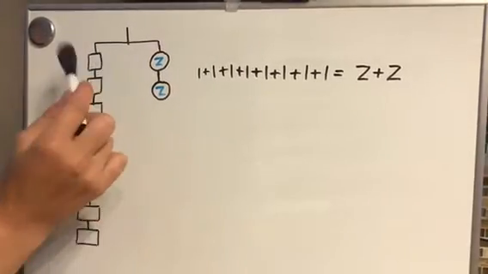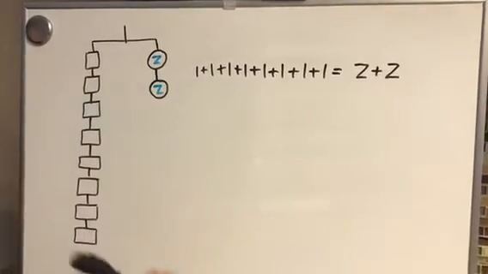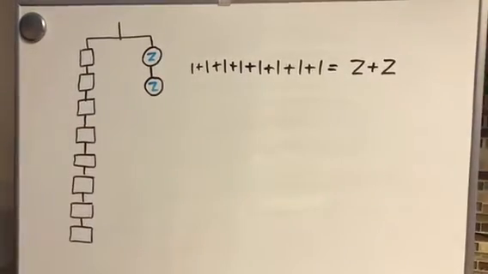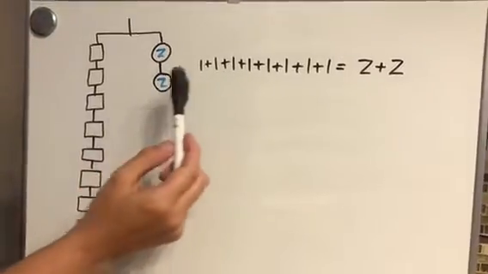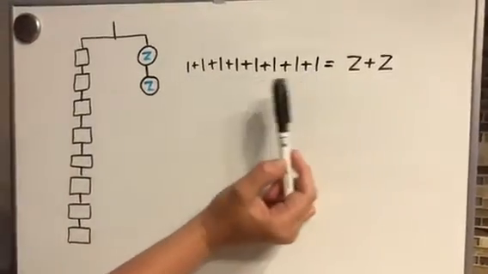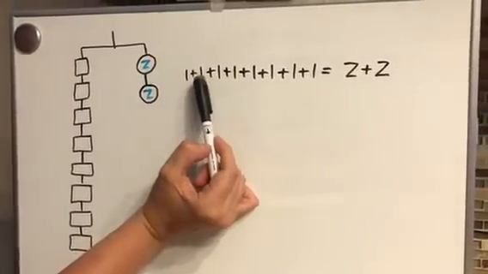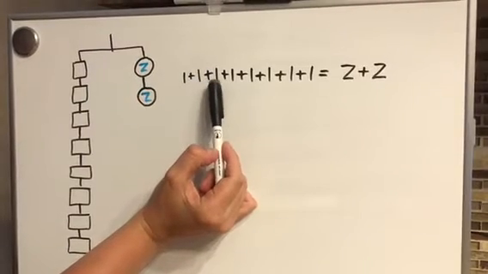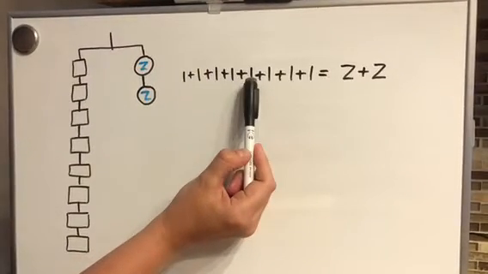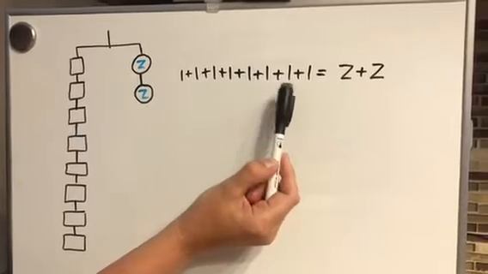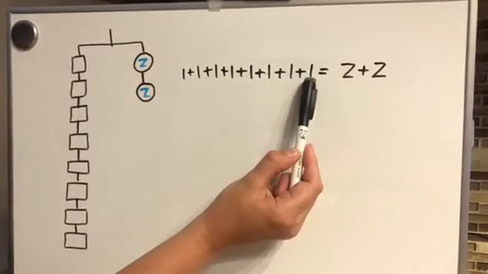Based on this hanger equation, what is the value of the squares? So we need to look at our equation first. It says 1 plus 1 is 2, plus 1 is 3, plus 1 is 4, plus 1 is 5, plus 1 is 6, plus 1 is 7, plus 1 is 8.